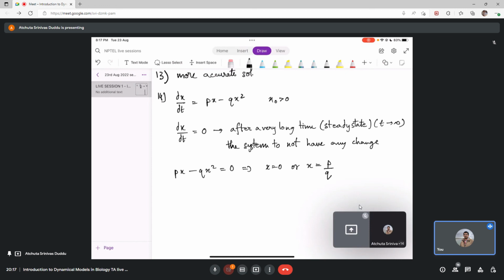So let's say x equal to 0, what does that mean? That is, x, which is the number of cells, is essentially 0. So at steady state, that is possible when there are completely no cells. But since it's not px minus qx, it's px minus qx square, we have different order of cell growth and cell death.